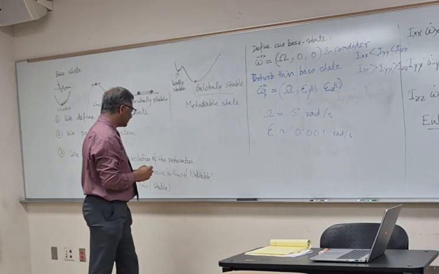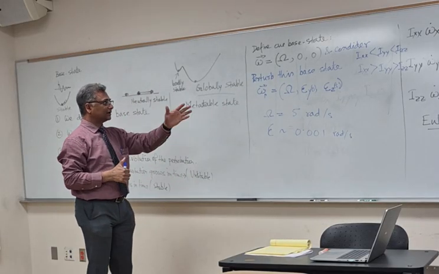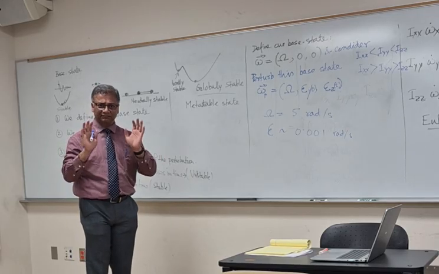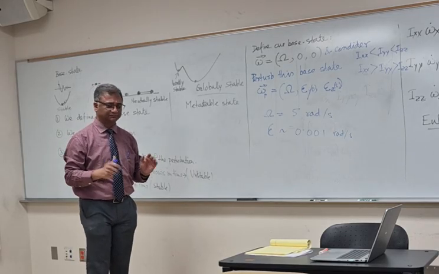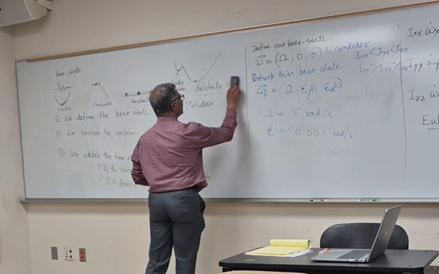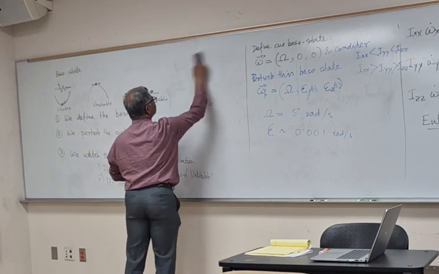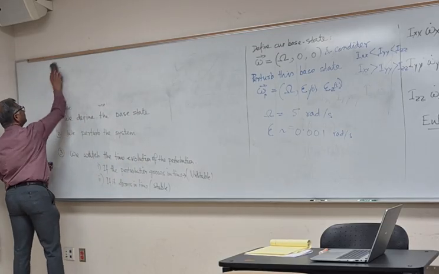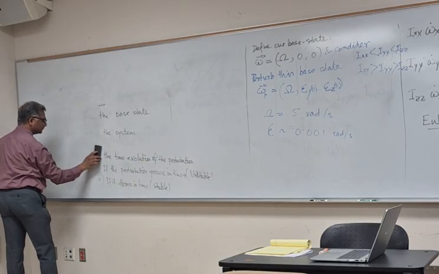So now we are ready for doing the perturbation analysis. It's a little bit of math, but not too scary. Let me go for that step by step. And once you do it, you will see the beauty of the whole process.